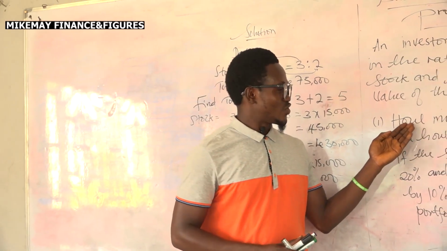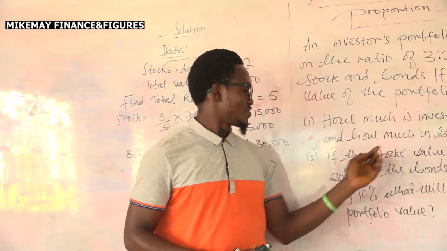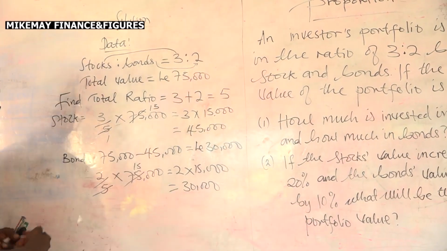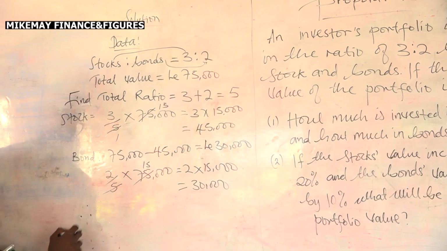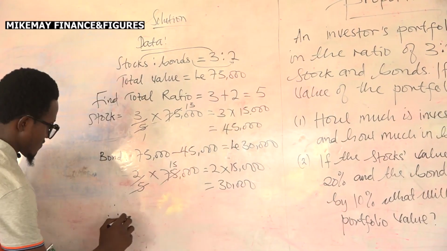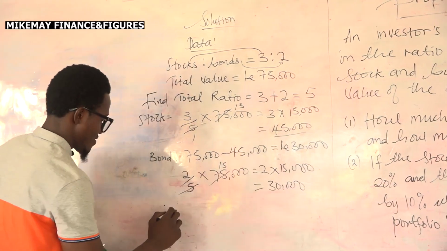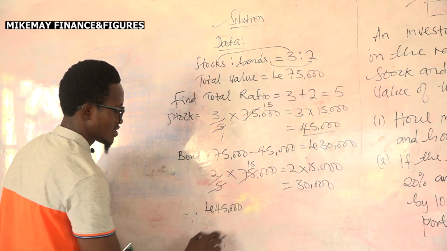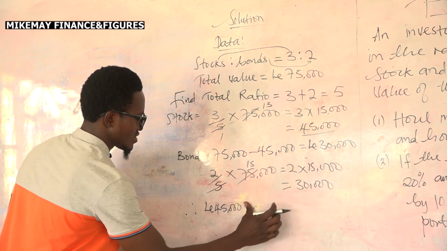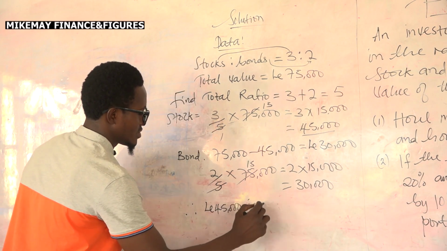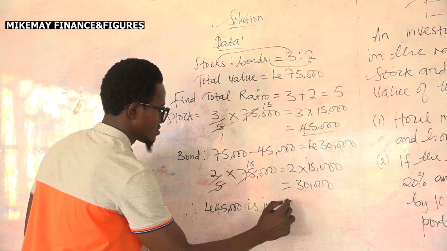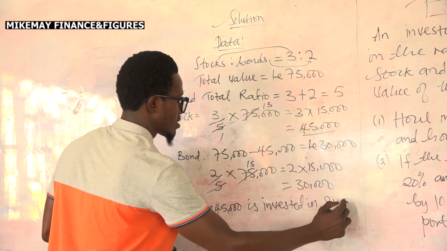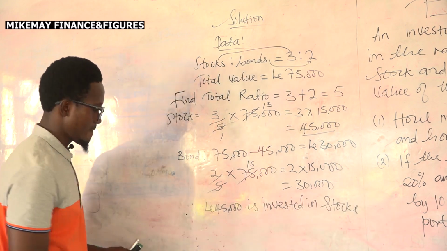Number 1 is asking us how much is invested in stocks and how much is invested in bonds. So can we now summarize the answers? Therefore, 45,000 is invested in stocks, right?